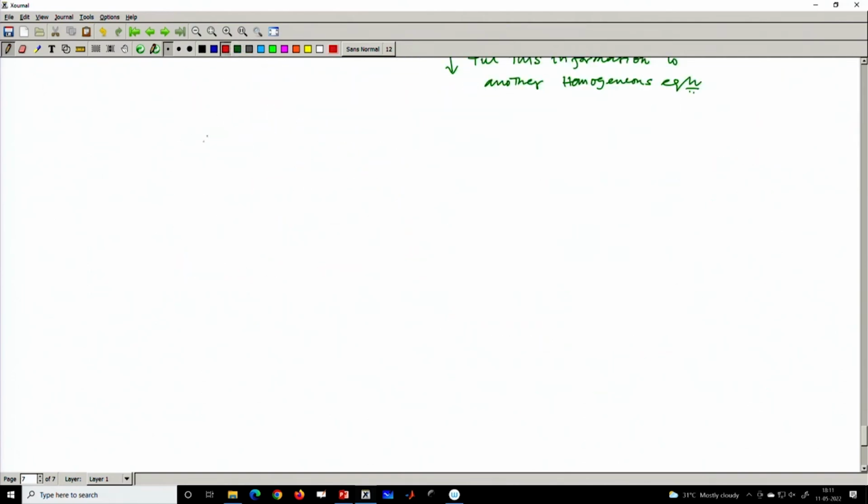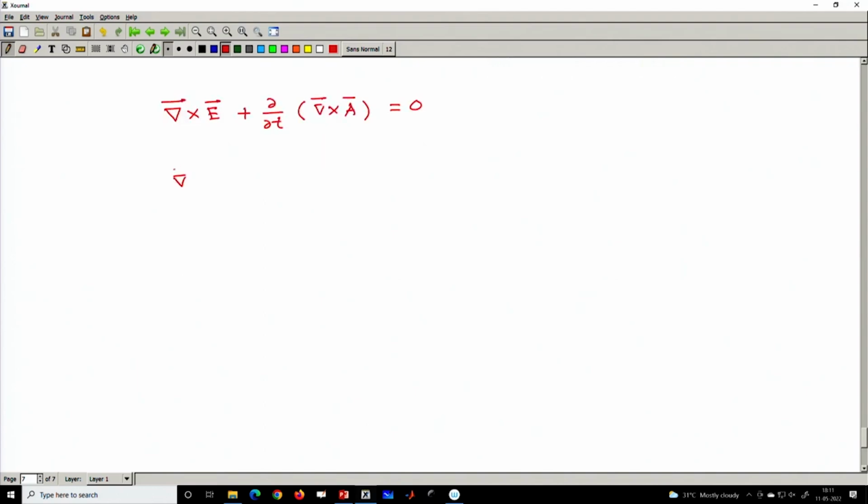Then I can have curl of E plus del of del t of, in place of B, I simply write curl of A, equal to 0. This is again not an unknown equation, because we did it earlier. So, I write this as curl of E plus del A del t is equal to 0.